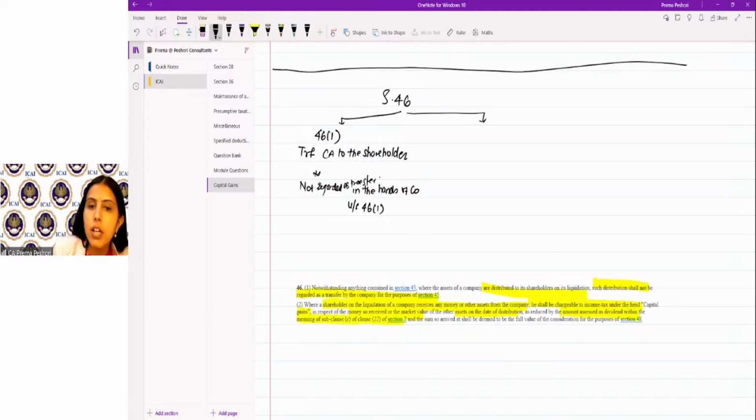And the sum so arrived shall be deemed to be the full value of consideration.